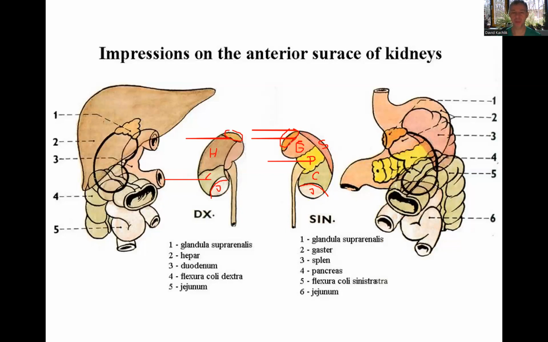And then on the right side, we have to add liver. On the left side, we have to add spleen and stomach and pancreas. And on the right side, there is very small part in touch with duodenum. So if we have some recesses, then the Morrison's pouch or hepatorenal recess can be located just here in this area.